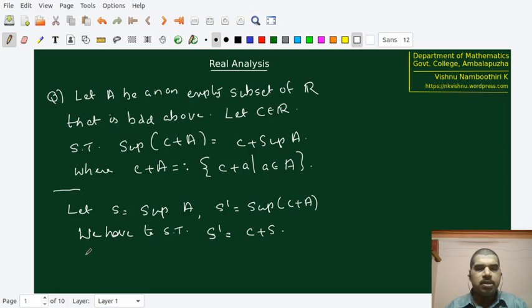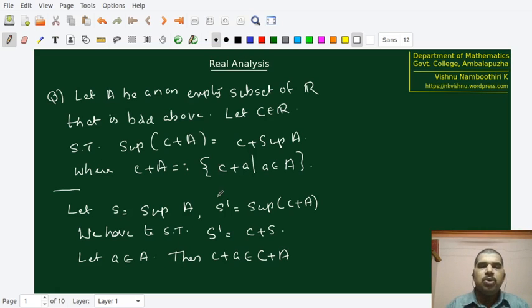Now consider a belonging to capital A, then C plus a belongs to C plus capital A according to our definition. Now, what is the supremum of these a's?